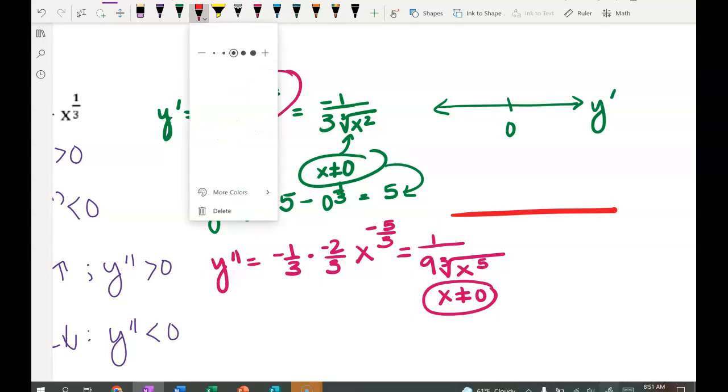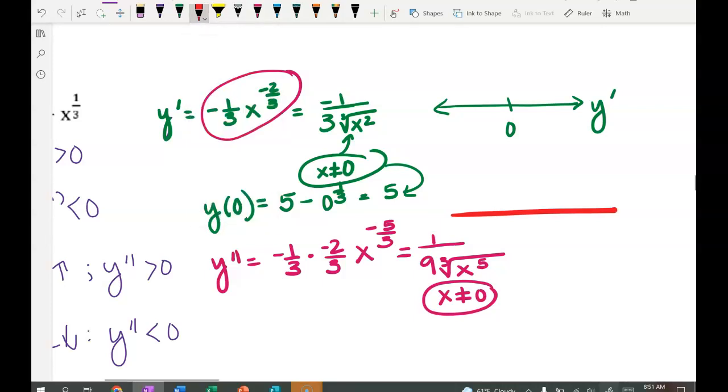This pen is way too fat. And again, the x value should be exactly the same for the first derivative, second derivative, or the original. And what we want to do is plug in f prime of a negative 100, and then f prime of a positive 100 or 1,000, just to see the behavior, okay?